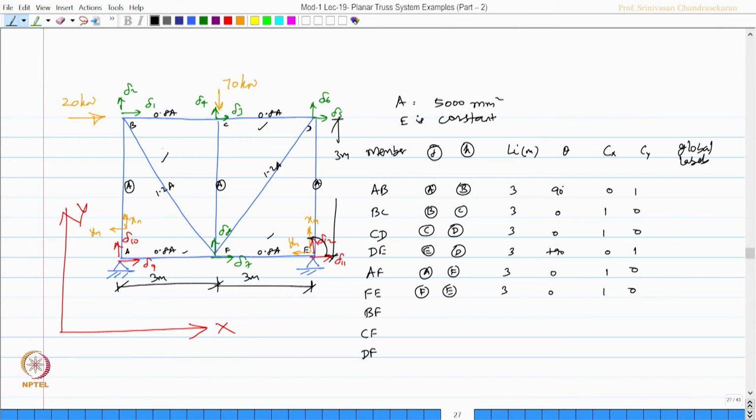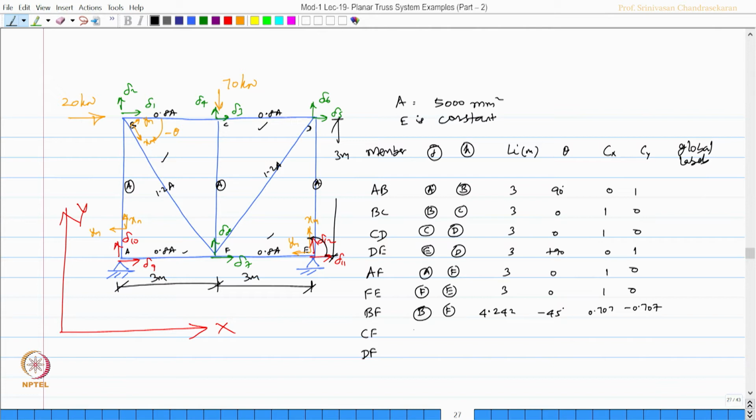BF is this member, I say B and F. It means this is my XM and this becomes my YM. So, you know XM is inclined minus 45 degrees. So, let us enter that as minus 45 and this becomes 0.707, minus 0.707, and length of this member is root 2 times 3, which is 4.242.